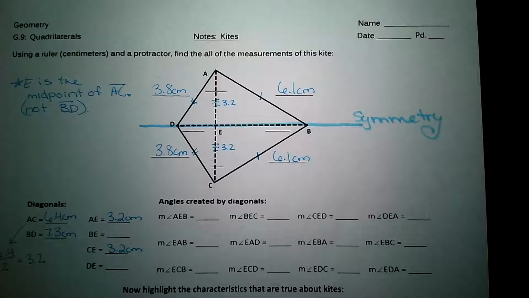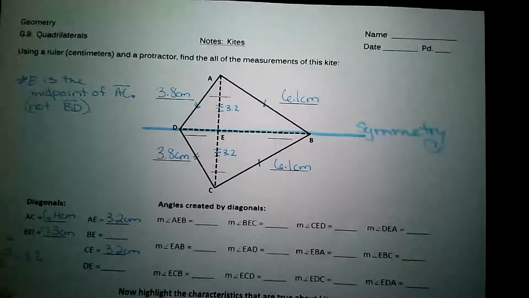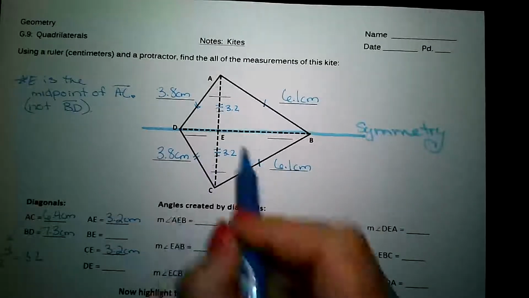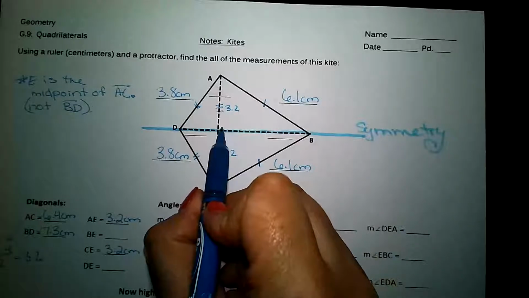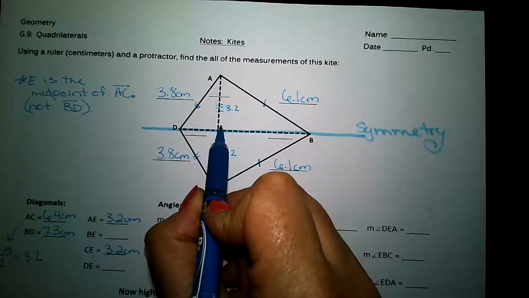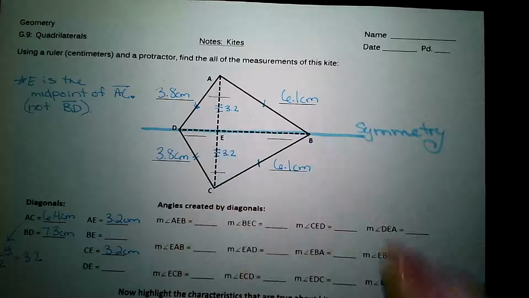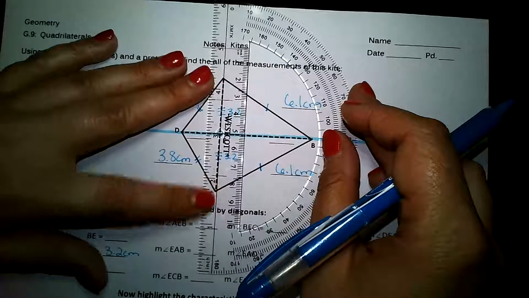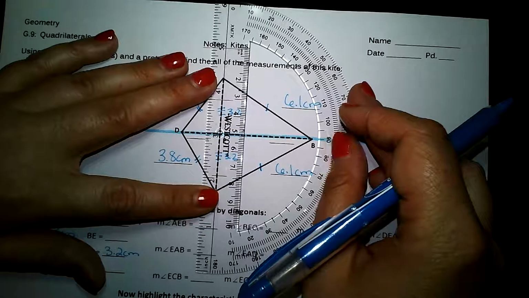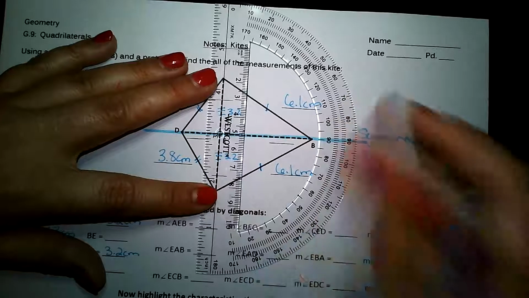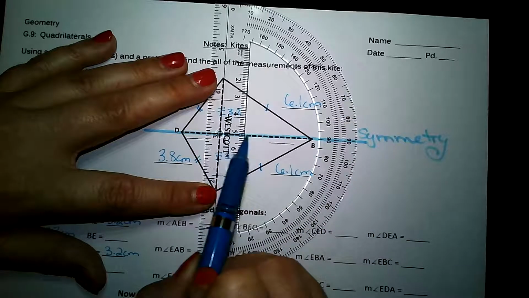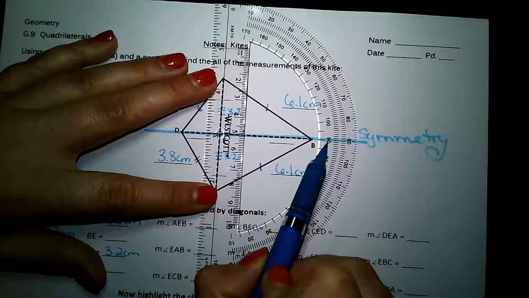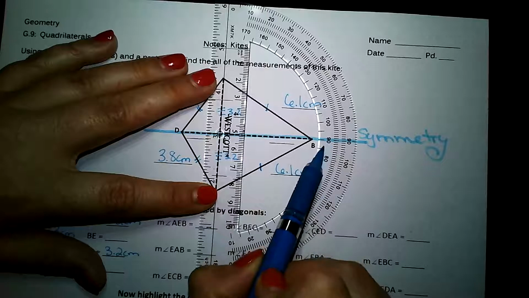What I want to show you is this angle measurement. AEB. Can you guess what is happening here? Eyeball it. What do you think it is? Use your protractor to confirm it if you can't see it. We've got our setup perfectly positioned. And where is this line of symmetry headed? But straight to 90 degrees.